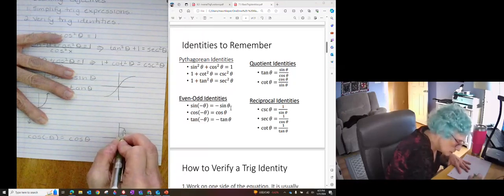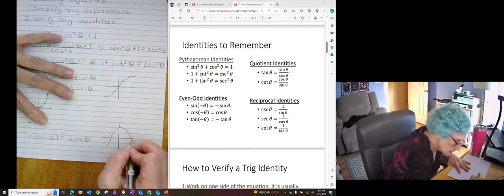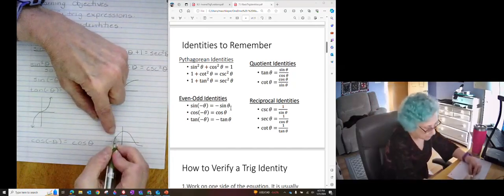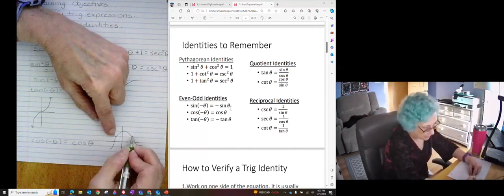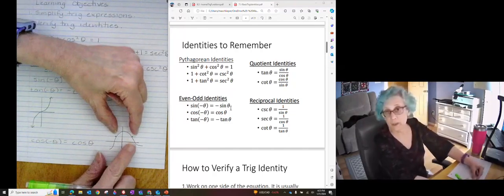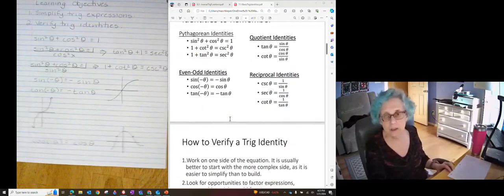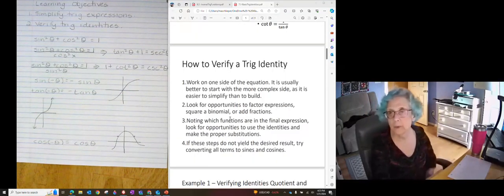It's 1, and then it decreases, and then it decreases and increases. So cosine, if you have a theta and a negative theta, they're the same. So that kind of helps me to memorize those even-odd identities.